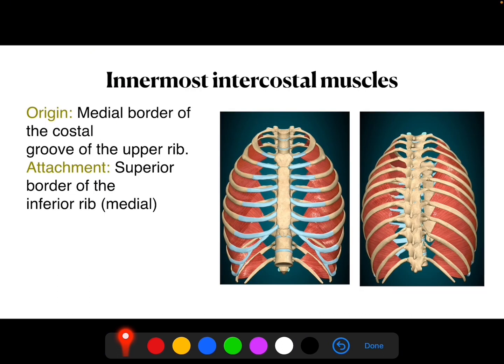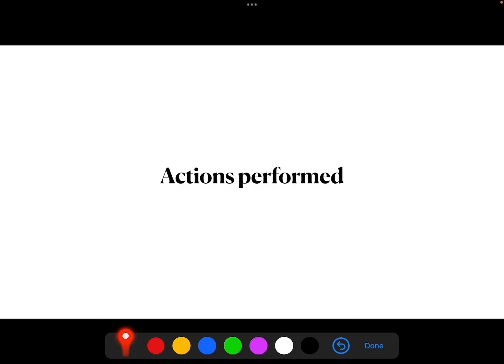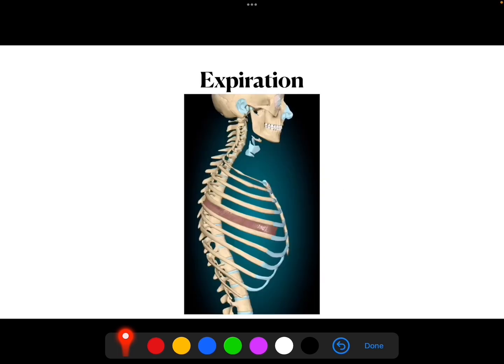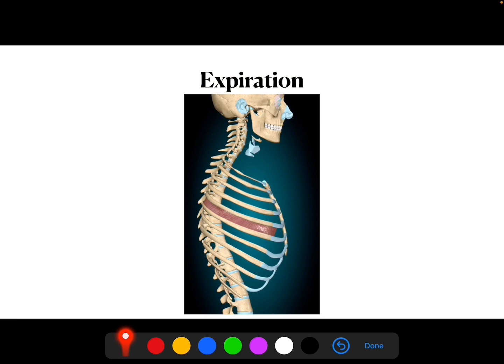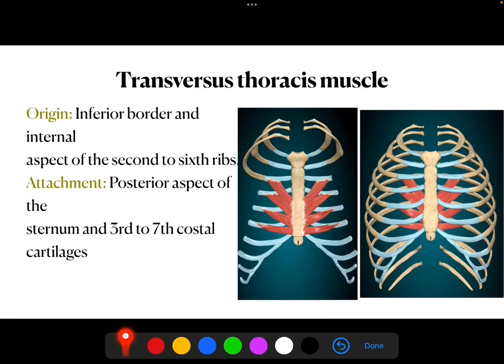Innermost intercostal muscles. It originates at the medial border of the costal groove of the upper rib and attaches at the superior border of the inferior rib. Medial part. Actions performed by this muscle are expiration. Transversus thoracis muscle.